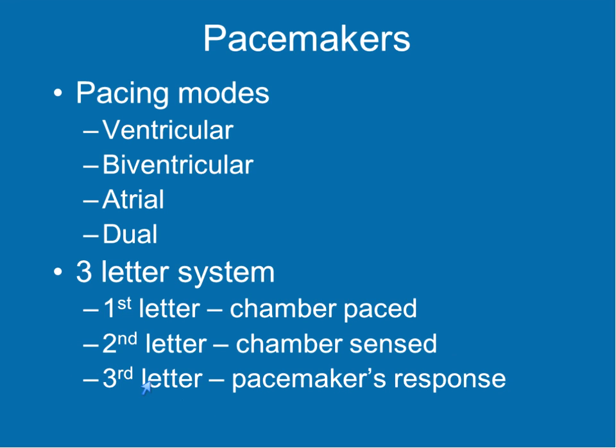Now, some examples of this: the chamber that's paced, nowadays we use dual pacing, so it would be D. The chamber that's sensed is often D. So dual paced, dual sensed, that means each chamber is sensing what's going on.